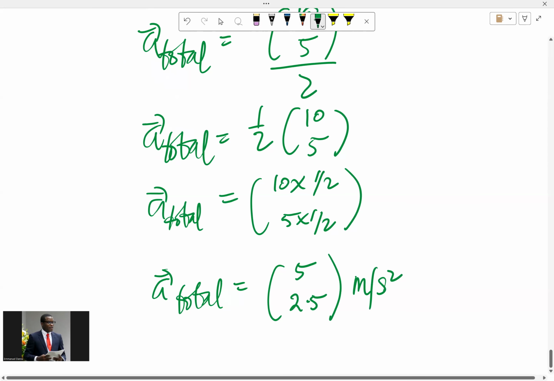That means it is accelerating at 5 meters per second squared in the x-axis, and it is accelerating at 2.5 meters per second squared in the y-axis, because this has two components now. So that's a very good example of an application of vectors in physics. That's talking about force and motion.